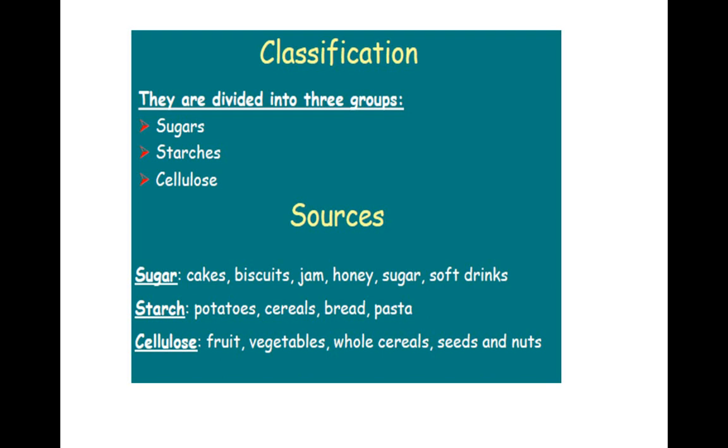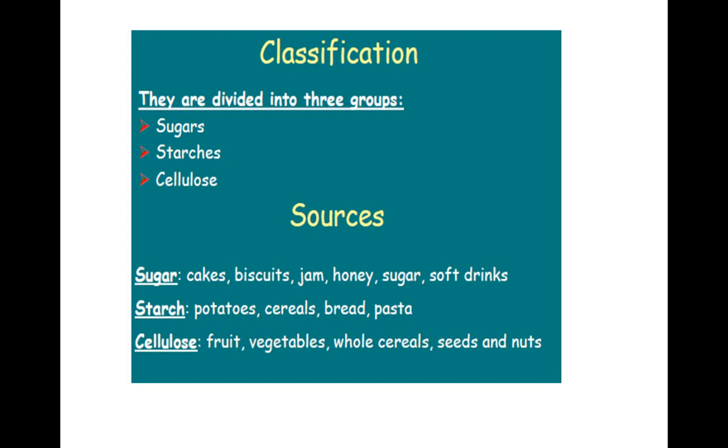Cellulose, this is the fibrous substance found in fruits, vegetables and cereals: banana, jackfruit, chiku, mango, potato, sweet potato, etc. Starch.